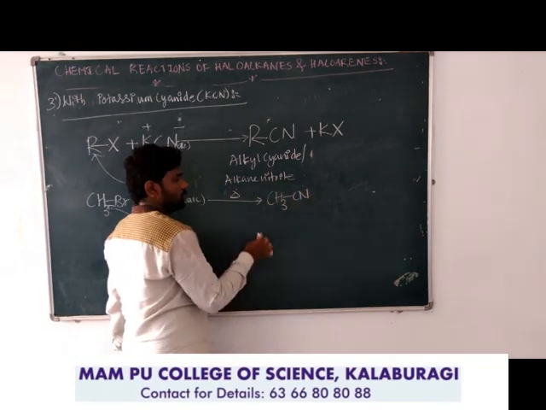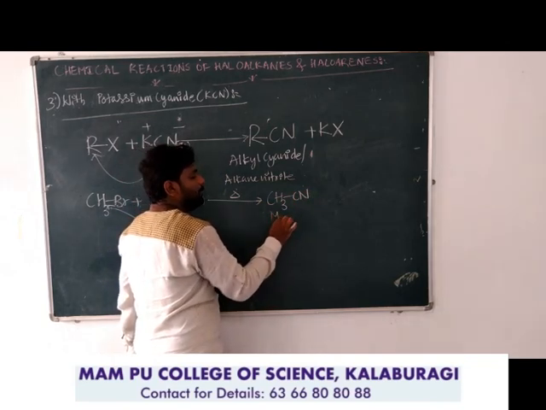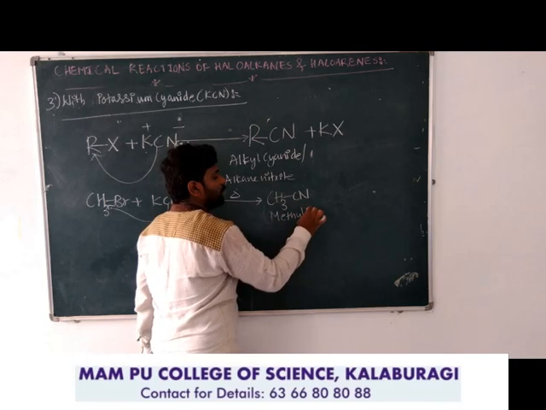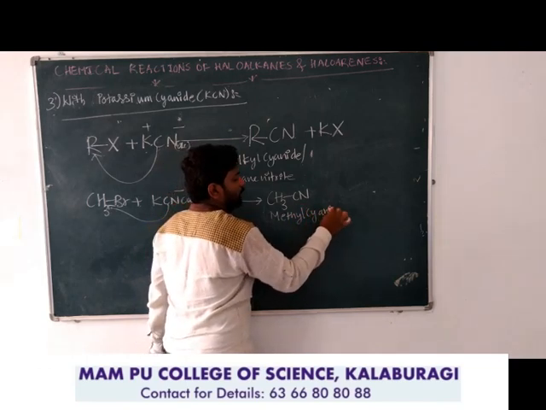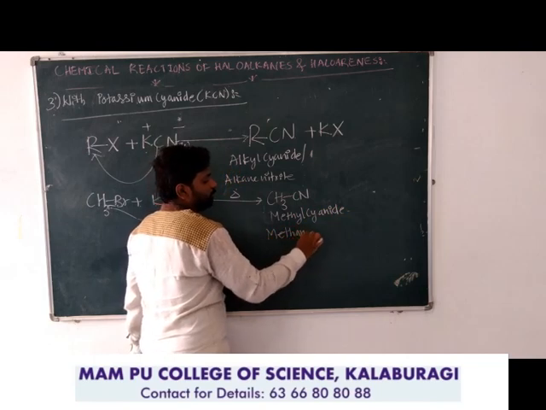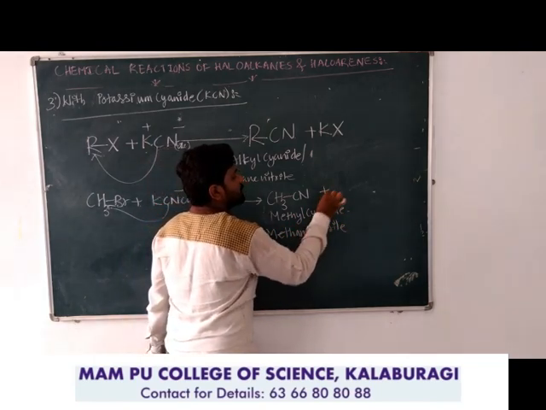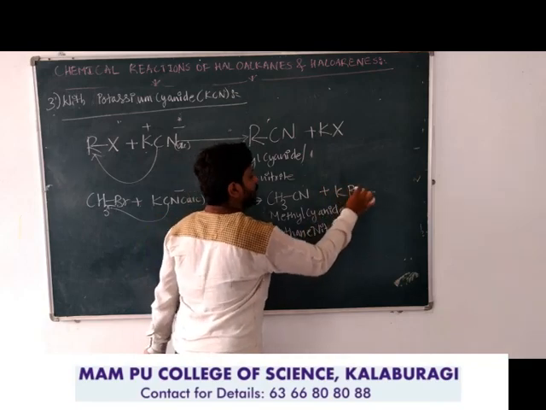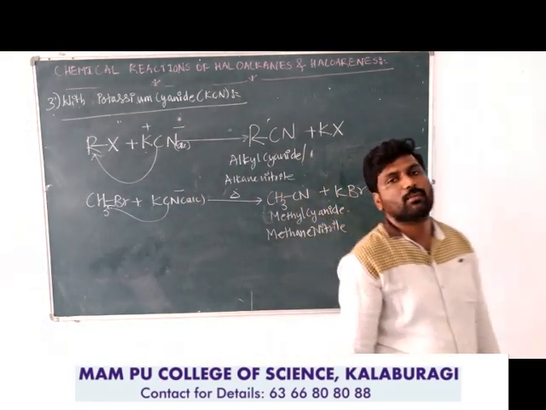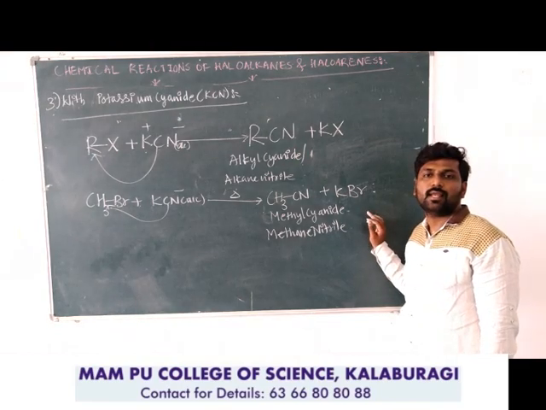So we are getting cyanomethane also we can say, or methyl cyanide, or methane nitrile. Byproduct is KBr. So this is about the KCN nucleophilic substitution reaction with the alkyl halide.